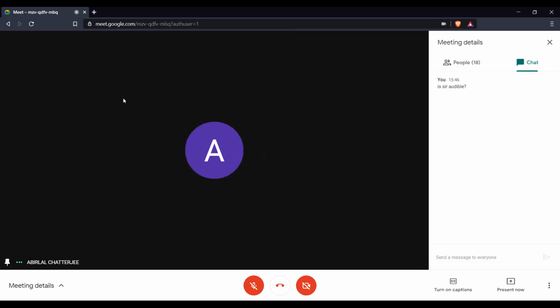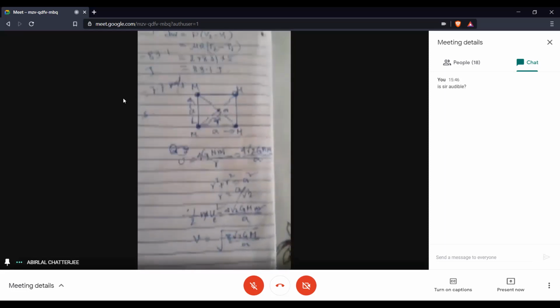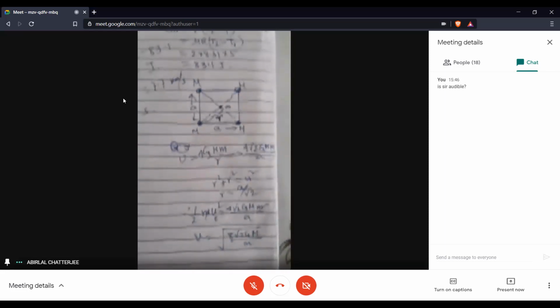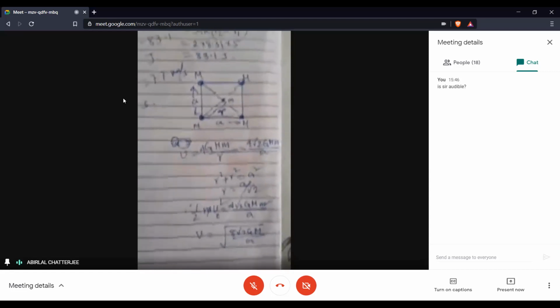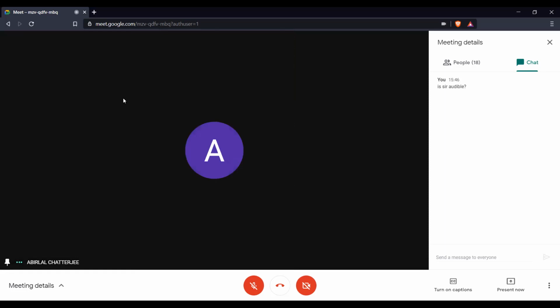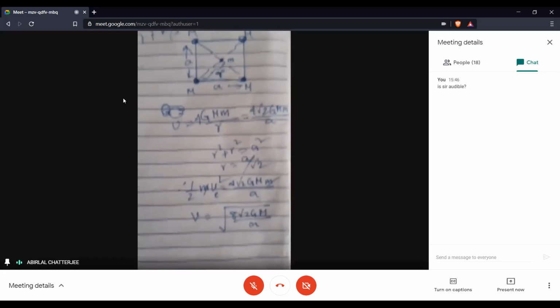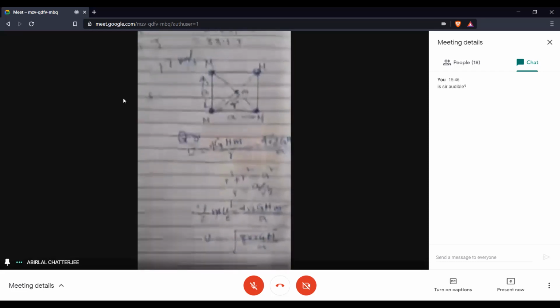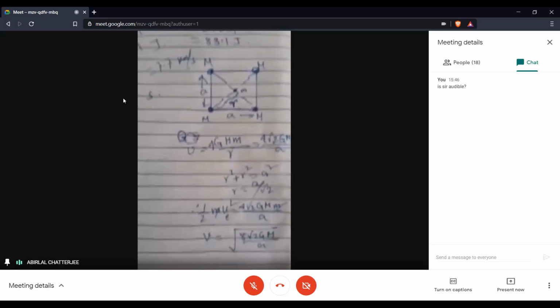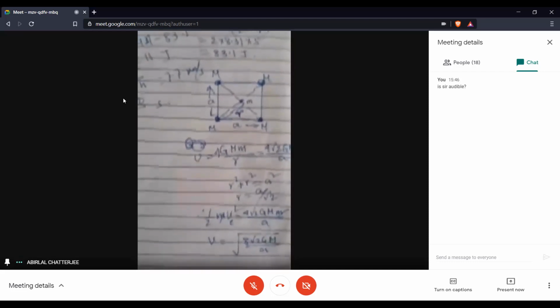Roop, did you understand the concept that I said? See, I found out the gravitational potential energy, and the binding energy is equal to that with opposite sign.